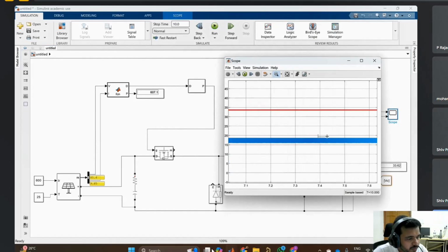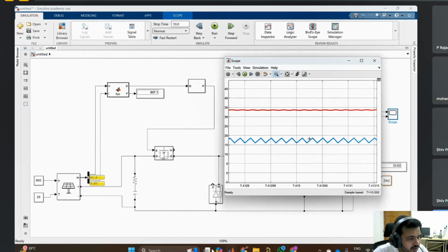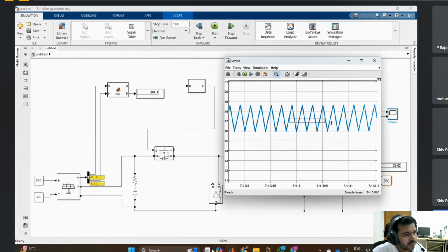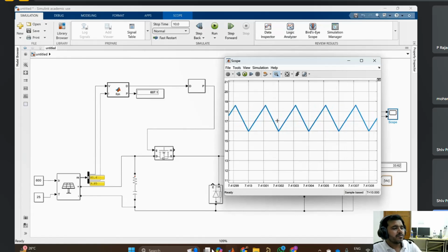It's the current ripple. The ripple current is reduced because of the high current flowing here.